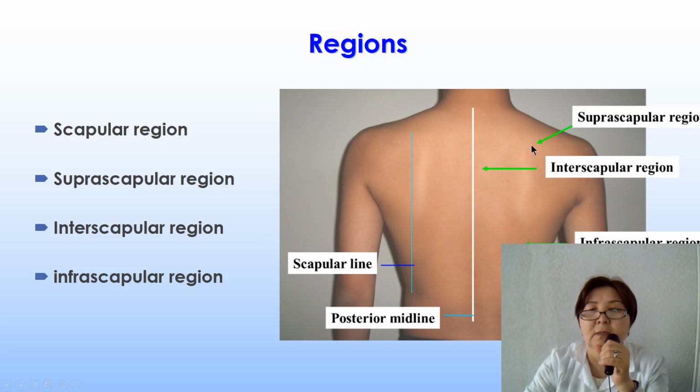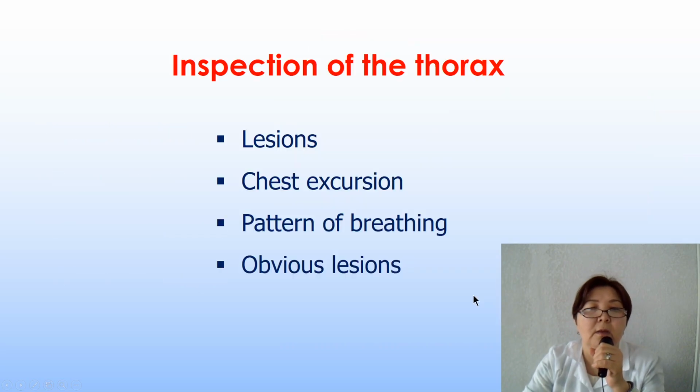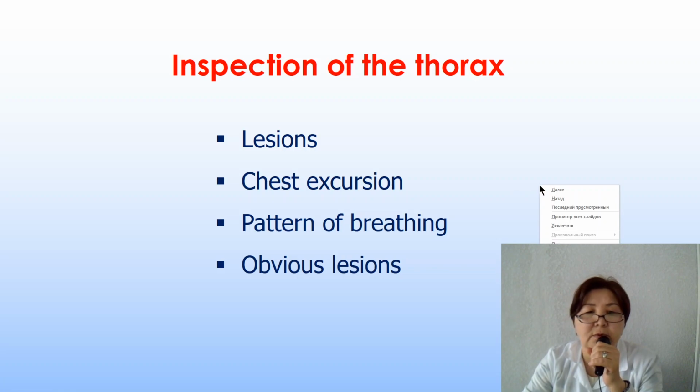These are scapular region, suprascapular region, interscapular region, and infrascapular region. We inspect the thorax for lesions, chest excursion, pattern of breathing, and obvious lesion.